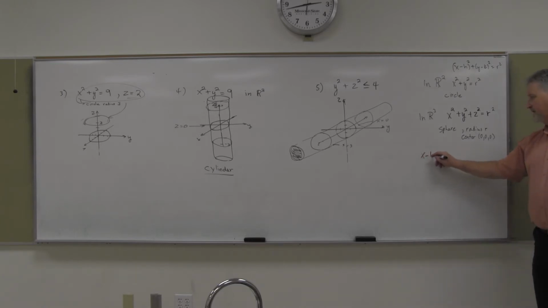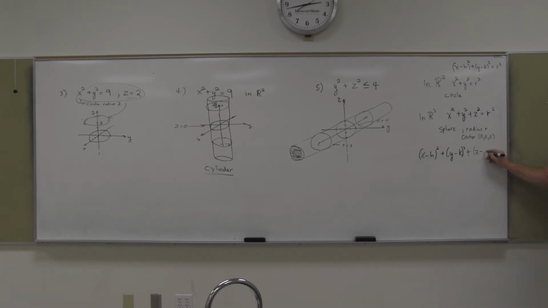If I have (x minus h) squared plus (y minus k) squared plus (z minus L) squared equals r squared, then that's also a sphere, radius r, but the center is shifted. We shifted h in the x, k in the y, and then L in the z.